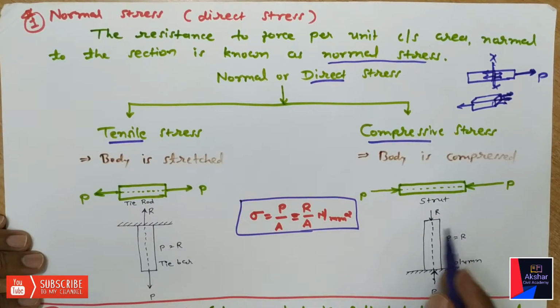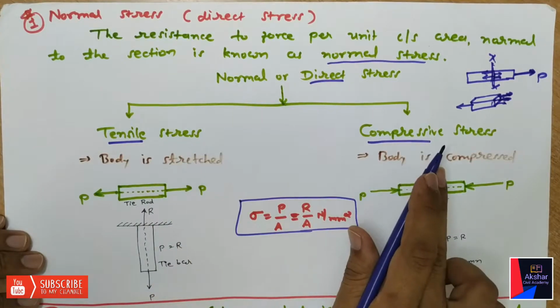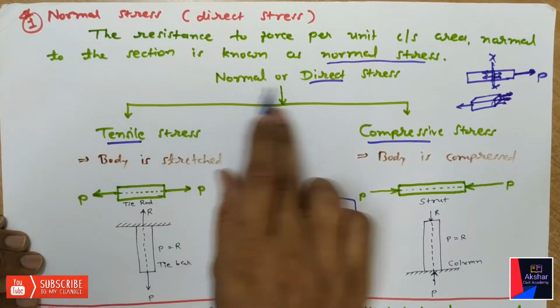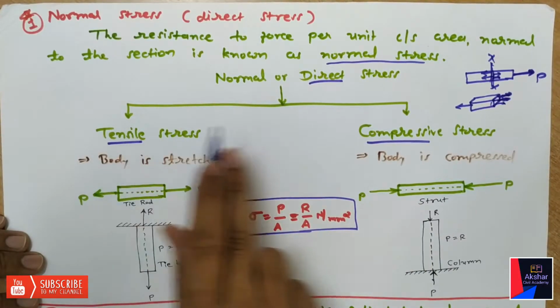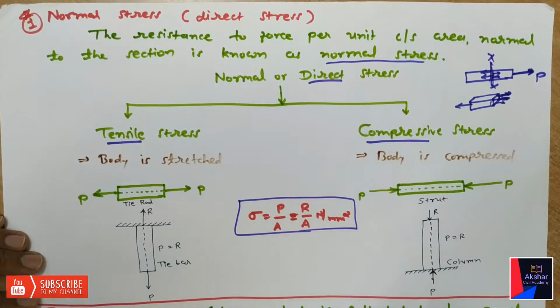So there are two types of normal stresses, tensile stress and compressive stress. Struts and columns are examples of members in which compressive stresses are developed.